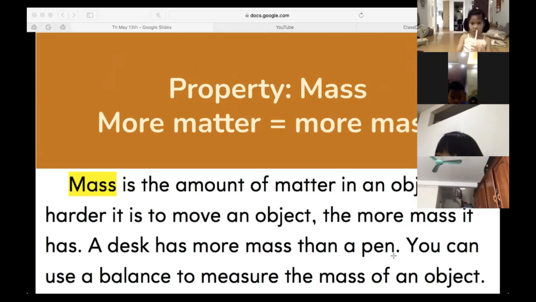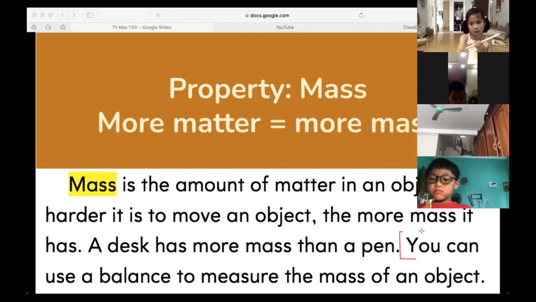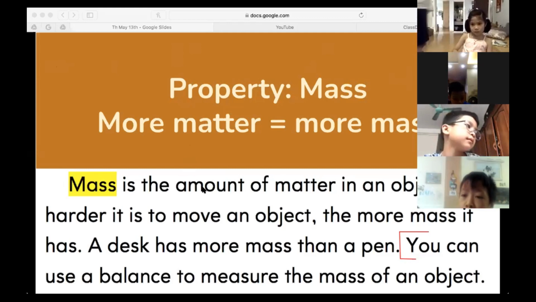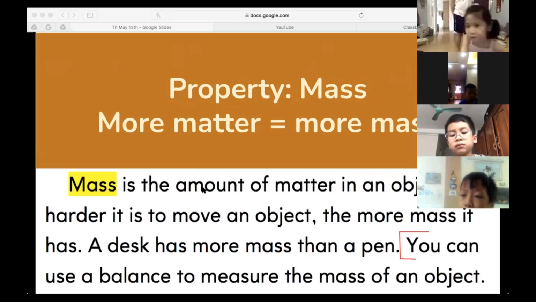The only other thing I want to read from this is the last sentence because it's very important. Milk, could you read the last sentence for us? You can use a balance to measure the mass of an object. Very good. And Milk, do you remember which side is heavier and has more mass? The side that goes down or the side that is up?